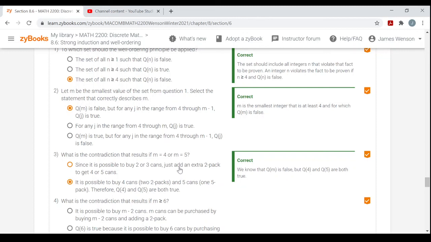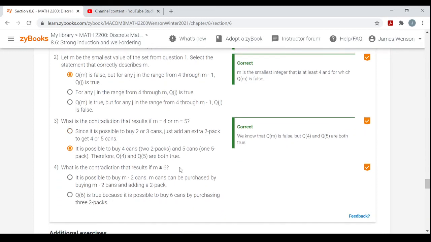Now what about values higher than 5? What about values 6 or greater? Where's the contradiction? So if I said some value 6 or greater was the smallest value for which Q of m was false, well, remember, every value below that, from 4 to m minus 1, would make it true.